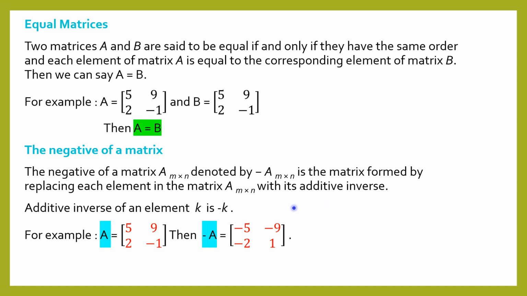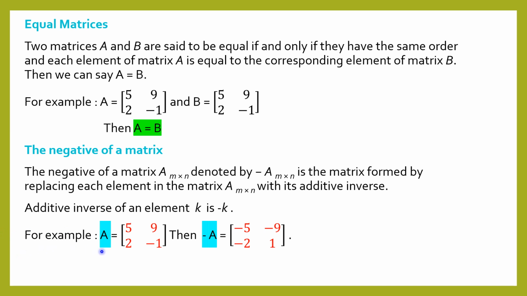Here additive inverse is nothing but the number with the negative sign, that is 5, here minus 5. That is the additive inverse of this 5. The additive inverse of an element k is minus k. If the number is positive, you have to replace it with a negative sign. If the number is negative, you have to replace that with the positive number.